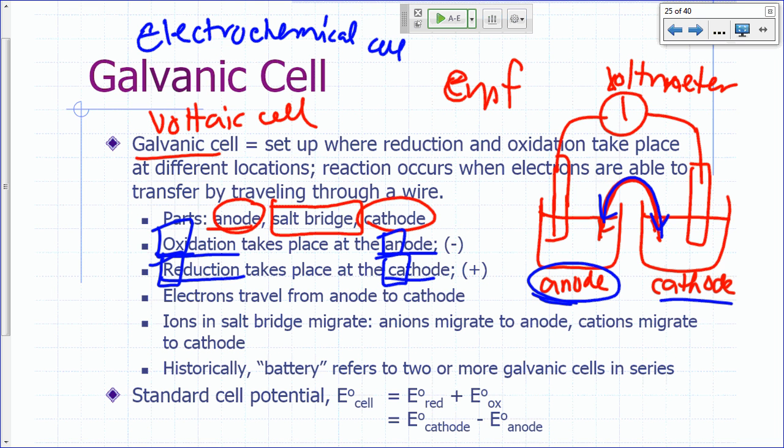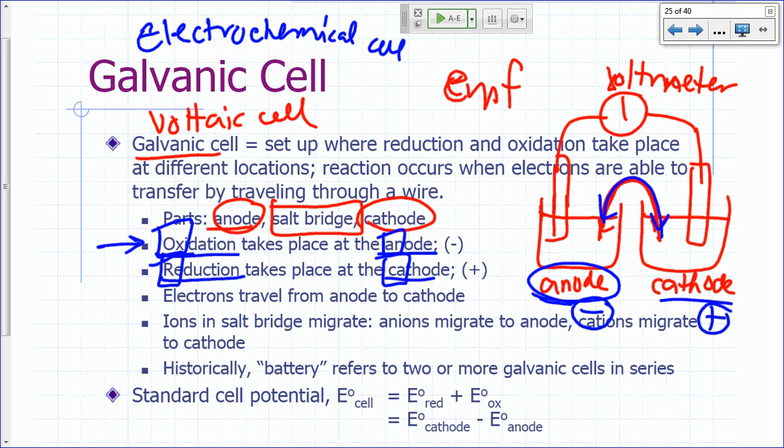Okay, so what we call the positive terminal of your galvanic cell is the cathode, and the anode is the negative terminal. Why is that? What do we know happens at the anode? Oxidation, right? You lose electrons during oxidation.